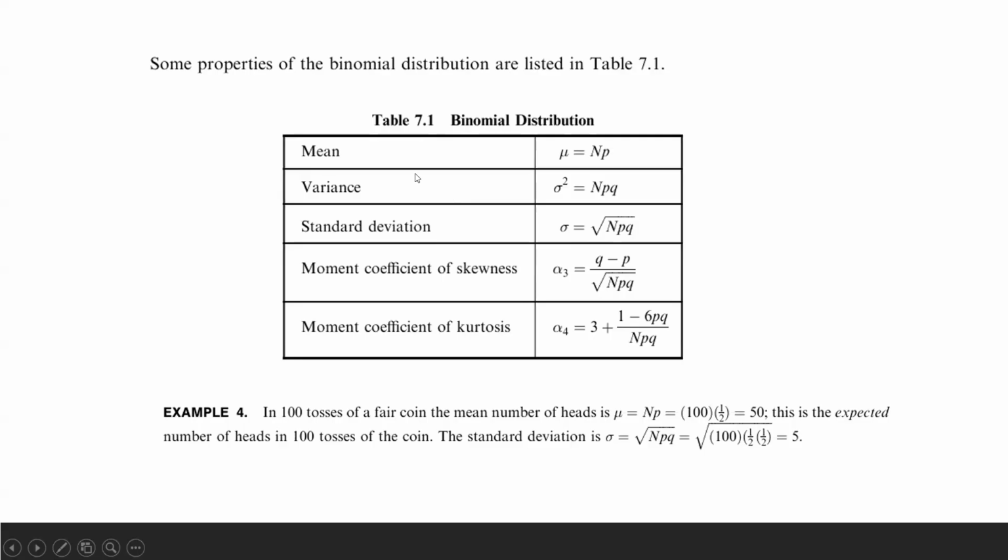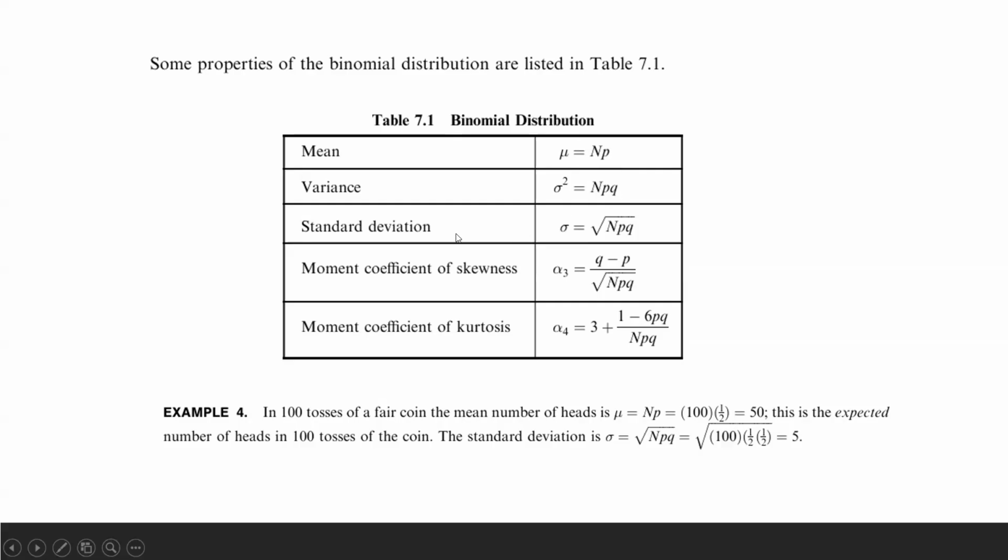In binomial distribution, how to calculate the mean? This way. N is the number of trials, P is the success probability. Variance we can calculate by using the number of trials multiplied by P and Q, where P means success probability and Q is failure probability.